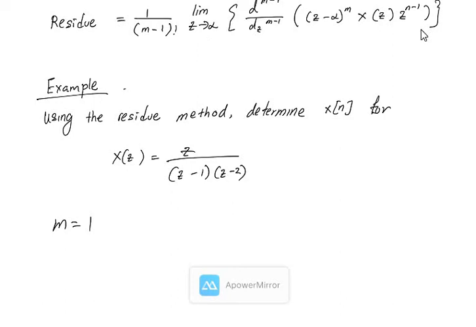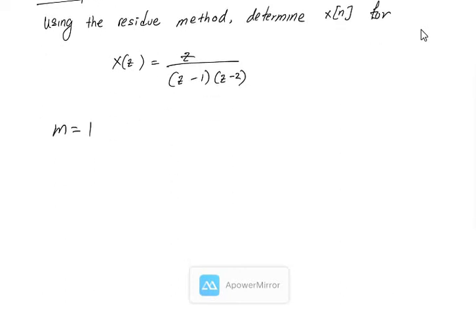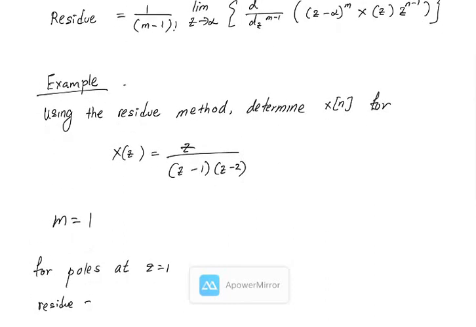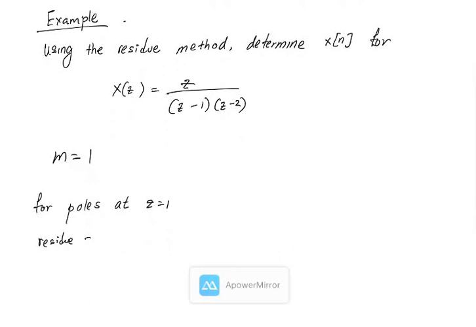Now I want to find the residue for the pole at z equal to 1. We follow this formula: 1 over m minus 1 factorial, and m is 1, so 1 minus 1 you get 0 factorial.